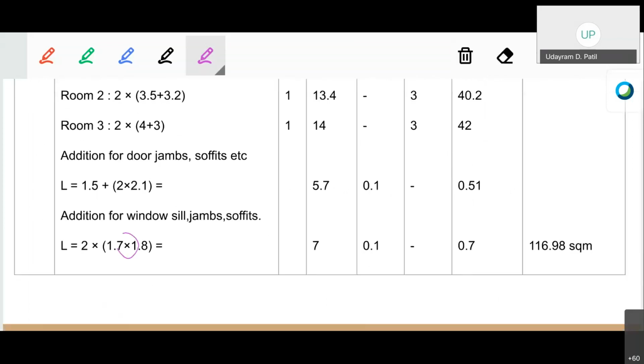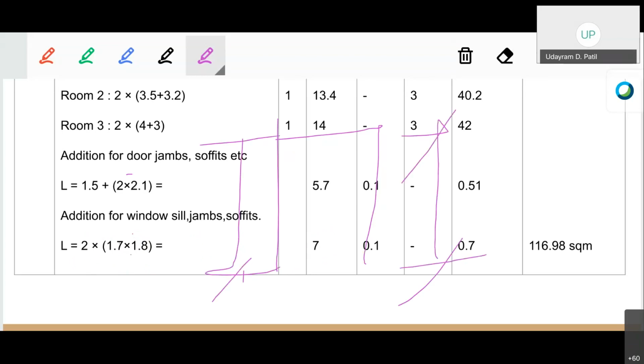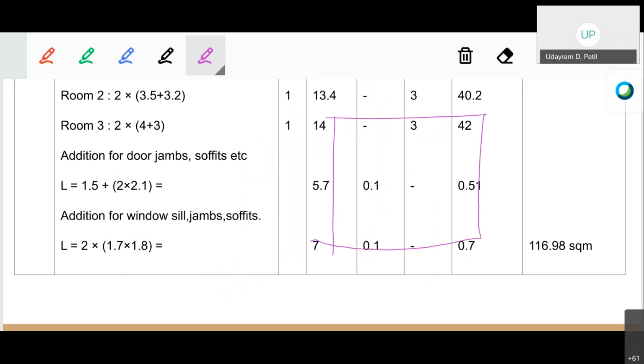इथं ऍड करा. ओके, 1.7 plus 1.8. 1.7 plus 1.8, that will give us 3.5. 3.5 multiplied by 2, that will give us 7 meter. ओके, तर इथं मल्टिप्लाय काय करा आपण पर्टिक्युलर डोअर साठी जी आहे, इथं 2.1 होतं, ऍज वेल एज ही जी तुमची जॅब आहे ते 2 आहे. सो 2.1 मल्टिप्लाइड बाय 2 केलं, प्लस पर्टिक्युलर विड्थ जी आहे ती आपण ऍड केली. इन केस ऑफ द विंडो अगेन जे काही तुमची लेंथ असेल 1.7 मल्टिप्लाइड बाय 2 प्लस अगेन 1.8 मल्टिप्लाइड बाय 2.